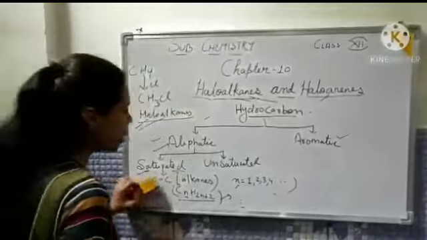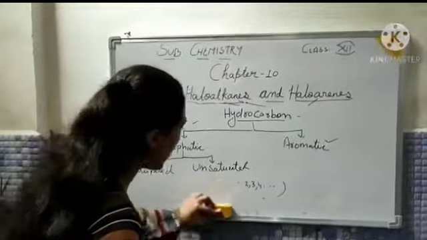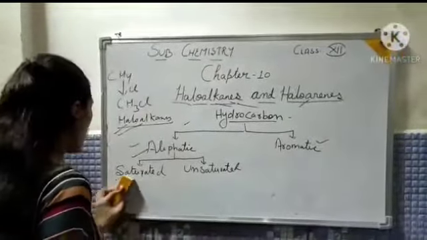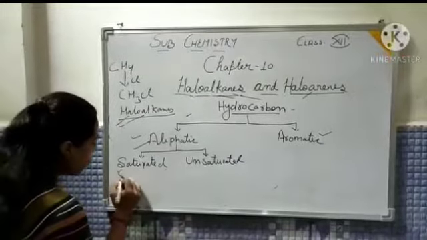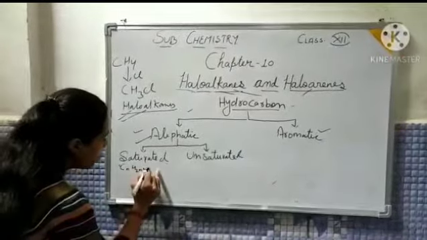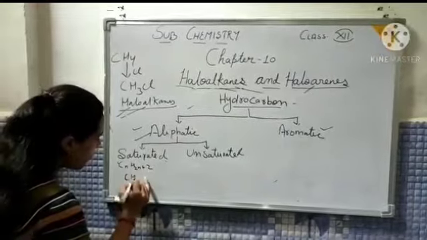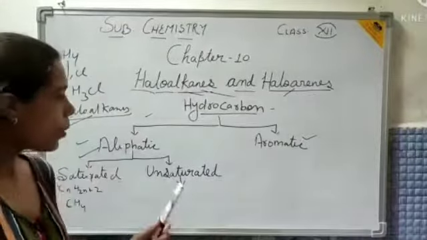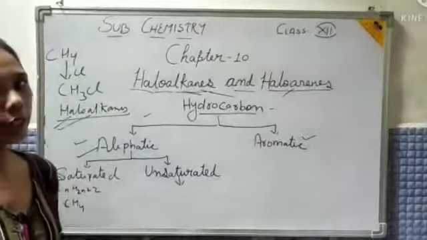Now don't be confused. Now I will tell about the unsaturated hydrocarbons. I will write down the general formula CnH2n+2 as a simple example. Now students, we'll talk about unsaturated hydrocarbons.